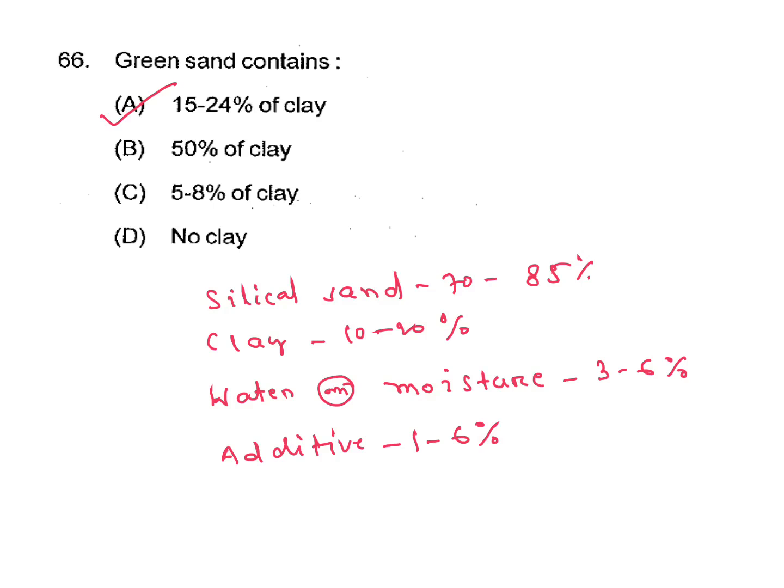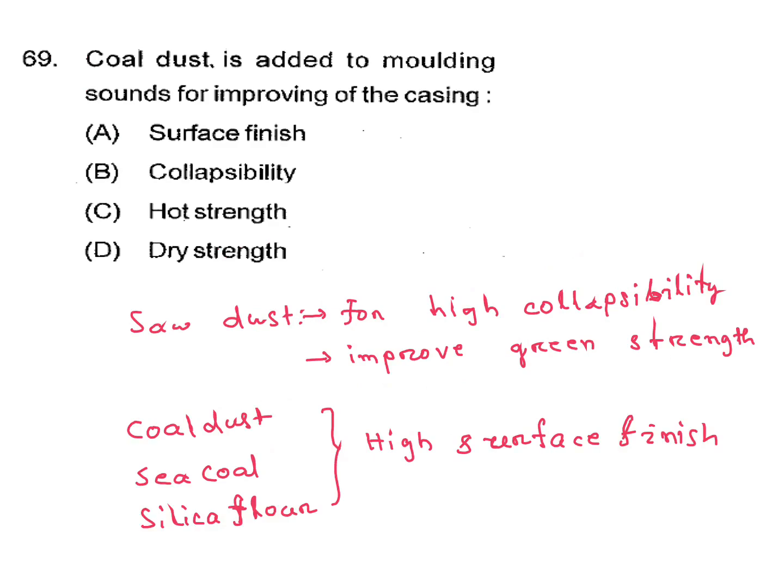Coal dust is added to molding sands for improving of the casting: A, surface finish; B, collapsibility; C, hot strength; D, dry strength. Here we know this is also important. Sawdust is added to molding sand for high collapsibility and to improve green strength. This one also 2 times asked in ISRO examination.